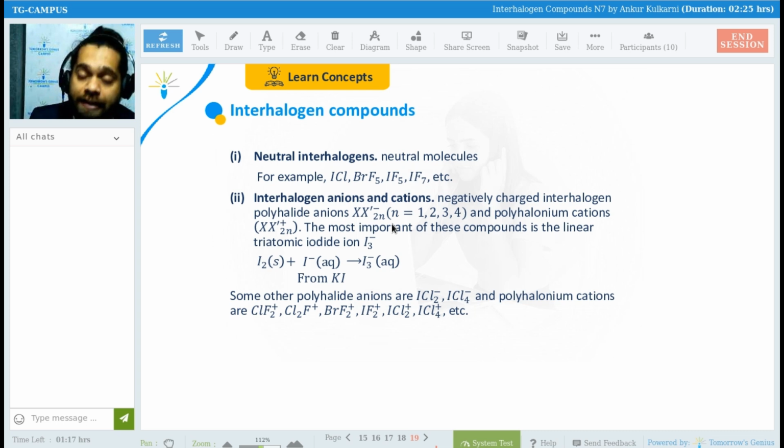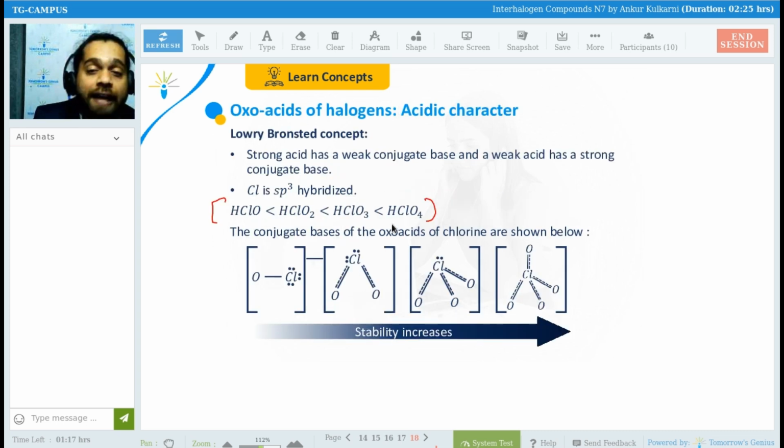There should be one more reason, and that reason is, if you look over here, as I increase the oxygen, what is happening? When the H plus goes away, there is a negative charge on the chlorine.